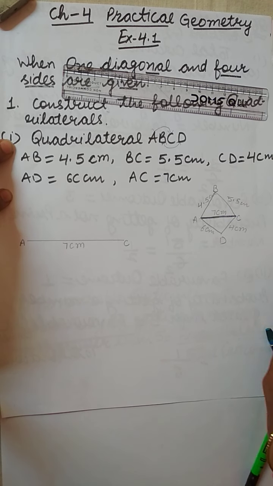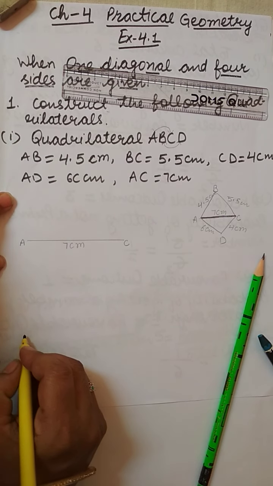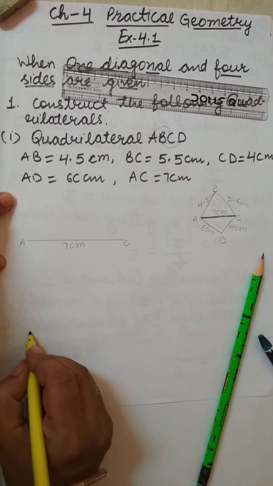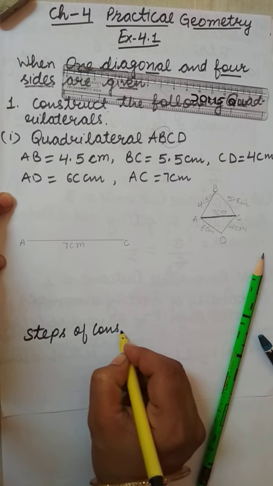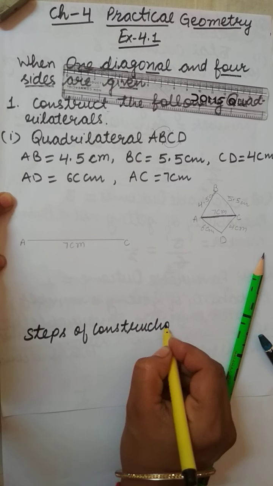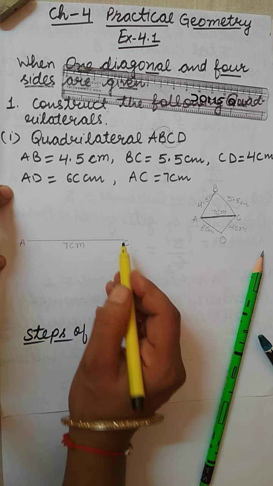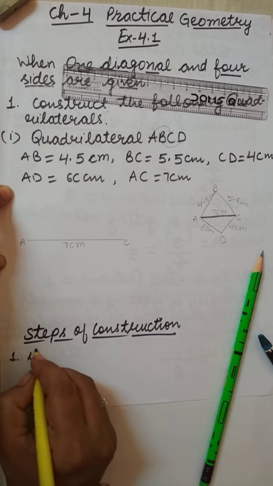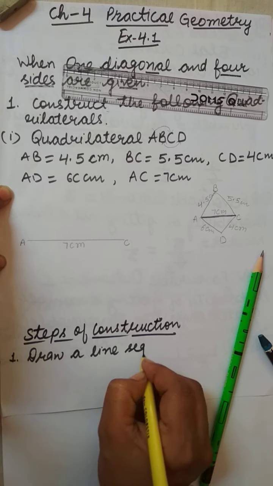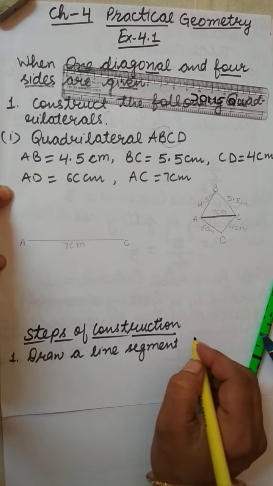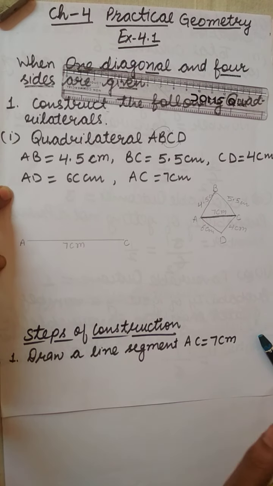As we will construct the quadrilateral side by side, we will write down the steps of construction. As firstly we have drawn a line segment, the first step will be: draw a line segment AC is equal to 7 centimeter. This is the first step of construction.